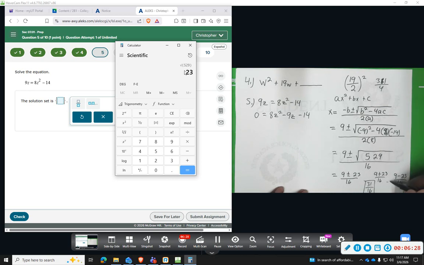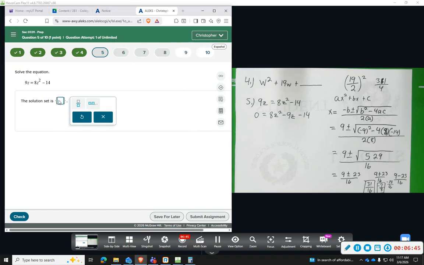And so negative 14 divided by 16 will reduce, divisible by 2, to give us negative 7 over 8. Okay, so this will be our solution set, our two answers, 2 and negative 7 over 8. Doesn't matter which order you put them in, just so long as you get both answers. Separate them with a comma.